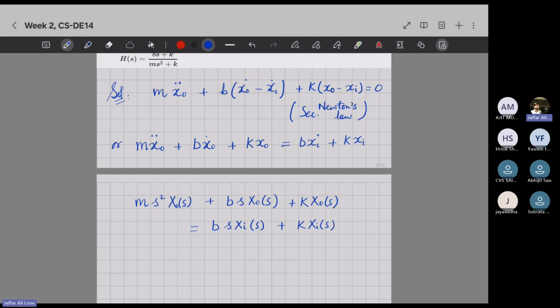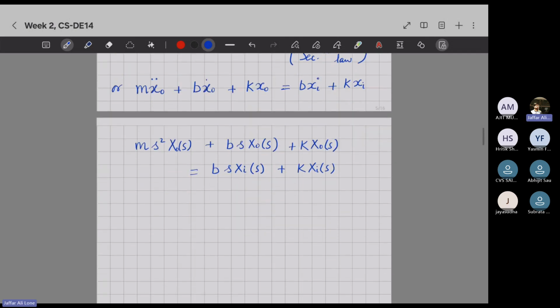Now let's see what we can take common. We can take x naught common from the LHS and x i common from the RHS. So we will get X naught of s into m s square plus b s plus k is equal to X i of s into b s plus k.